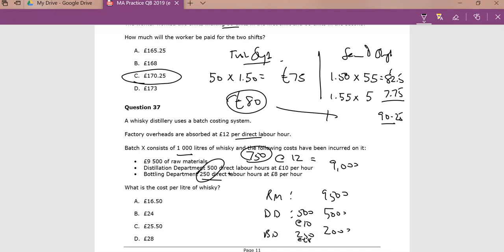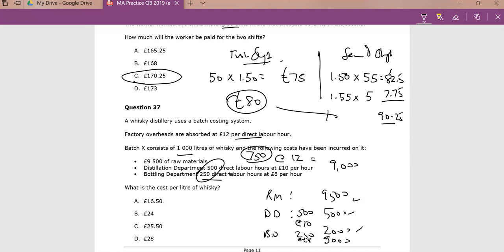So we now have 9,500 plus 5,000 plus 2,000 plus 9,000. Let's add all of this together and see what we get.